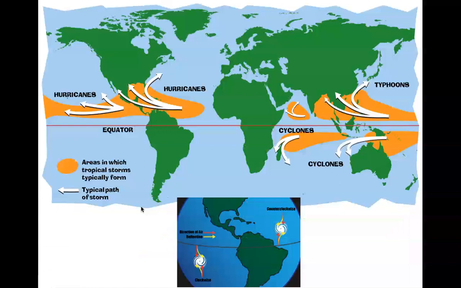hurricanes spin in opposite directions in the northern and southern hemisphere. So this is the path of hurricanes, big storms that occur usually in the summer in the northern hemisphere. So basically solar radiation heats up the water, we get a lot of evaporation, and these cells of air start cycling. And so you can see that hurricanes will not only travel in this direction, but they will also spin.